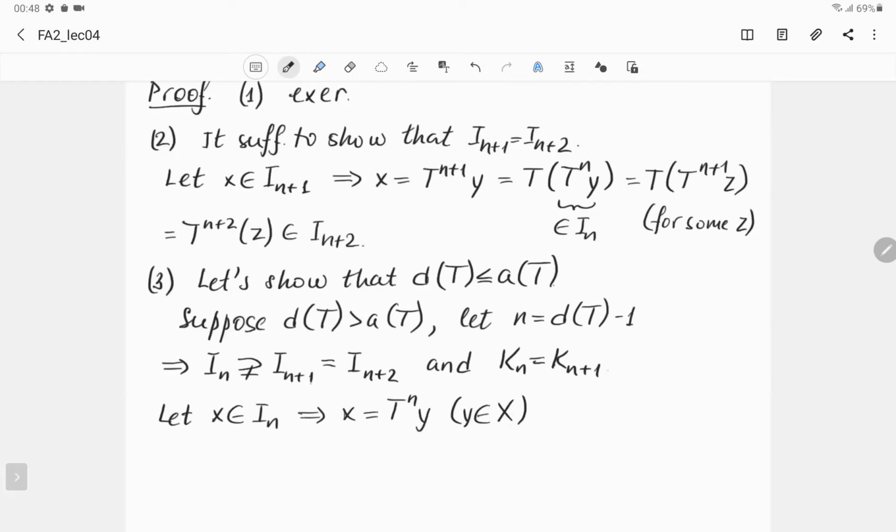Okay, now we apply T once again, and we see that T of x equals T^(n+1) of y. And this element sits in R(T^(n+1)), but by assumption R(T^(n+1)) equals R(T^(n+2)).